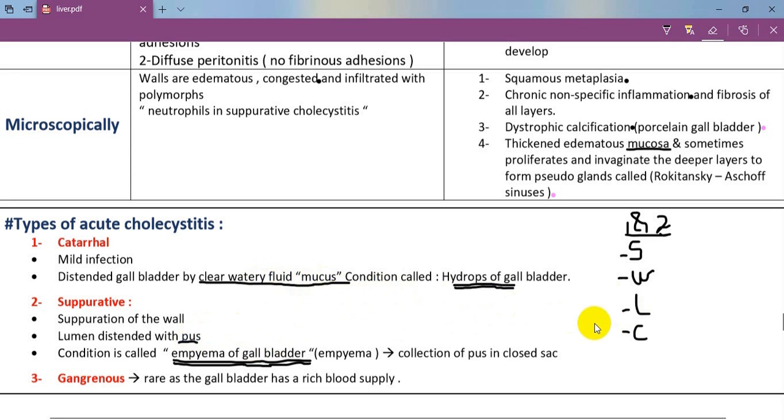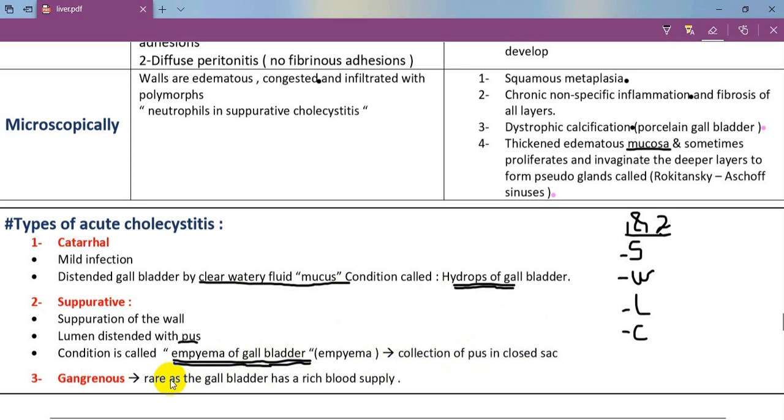The condition here is called hydrops of the gallbladder, but here it is called empyema. Empyema means accumulation of pus. So it is called empyema of the gallbladder, a collection of pus in a closed sac.